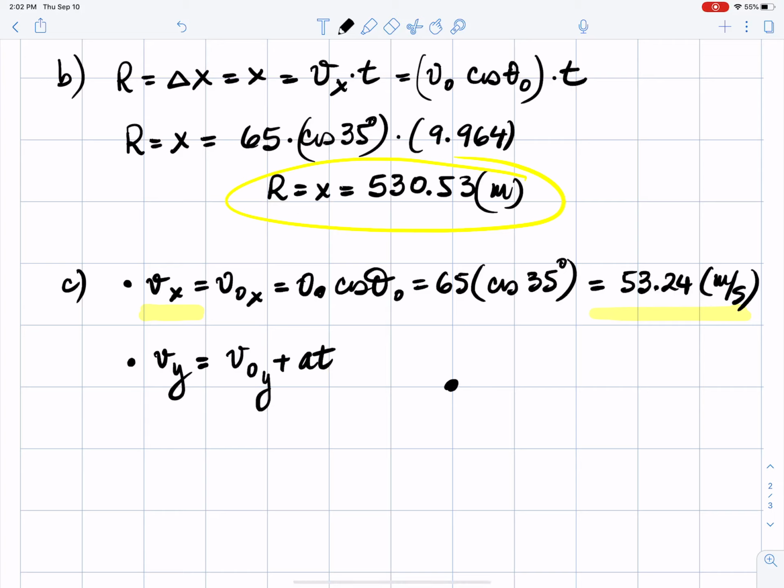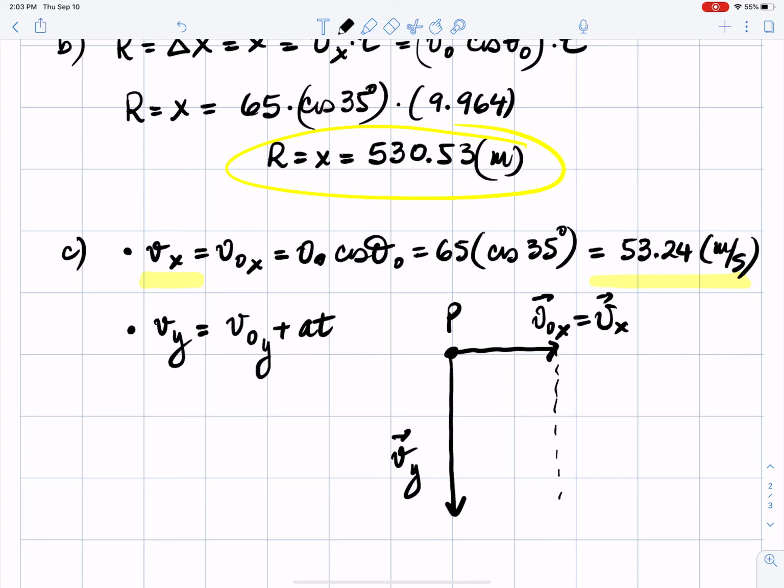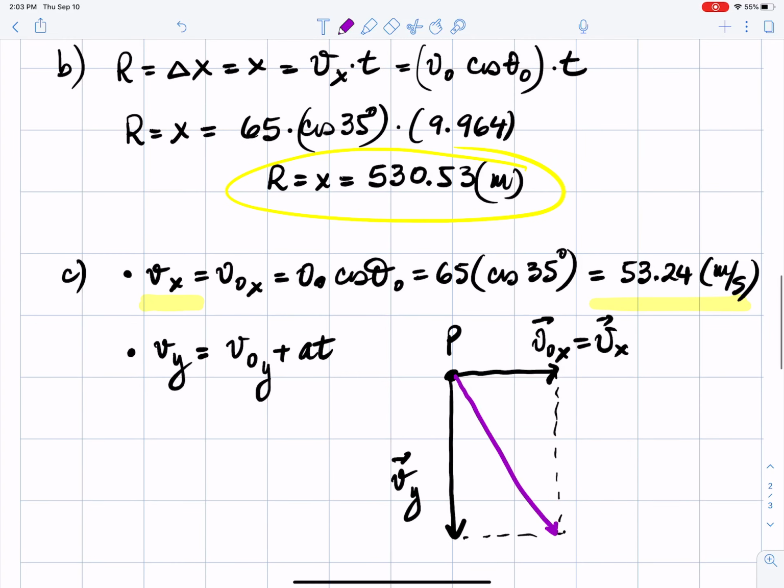Assuming here it's point P, the velocity on the x-axis is all constant, so that was V naught x equals Vx. And then in the y direction, you may have something like that, and I would say Vy. Later on, you're probably going to be asked to calculate the vector and the direction. So we'll call this V index P, the velocity right before you hit point P.